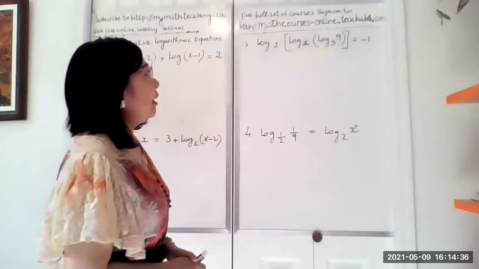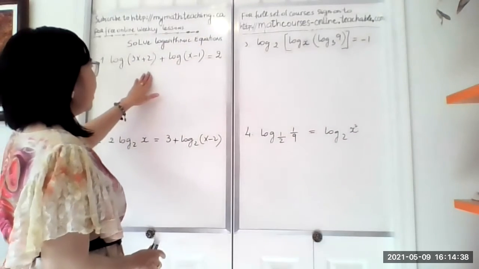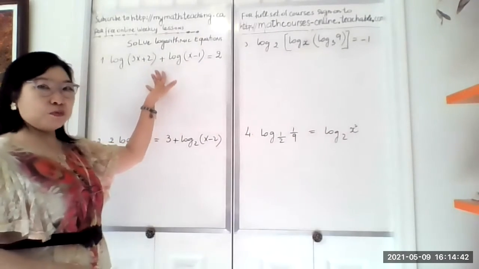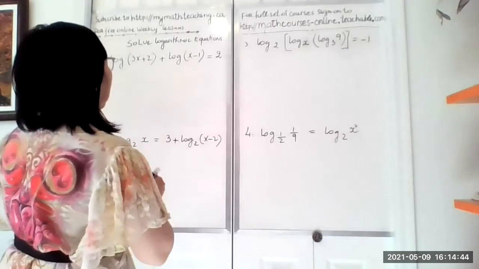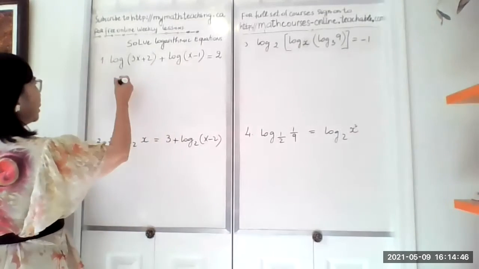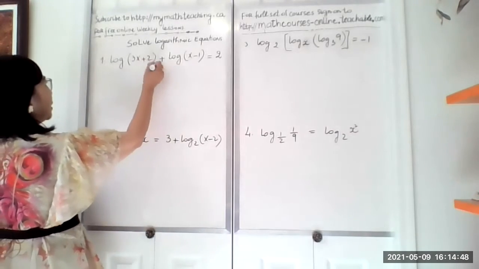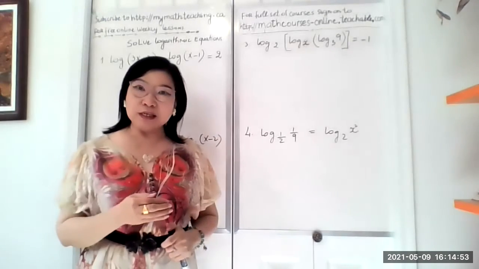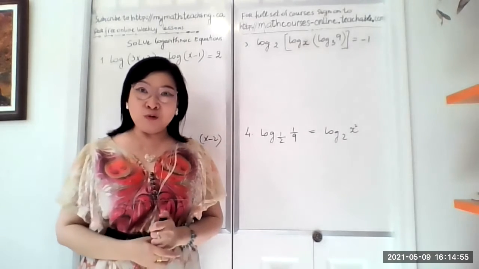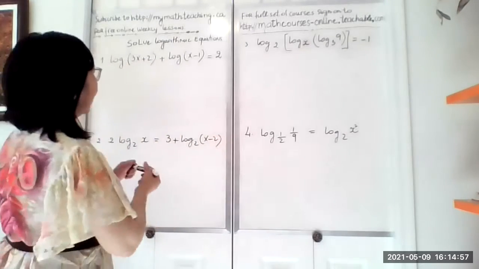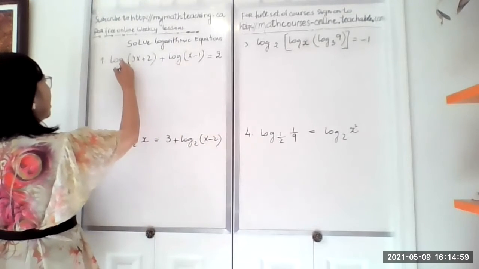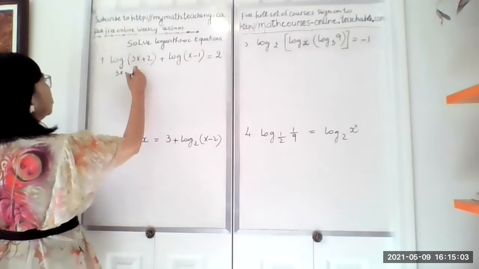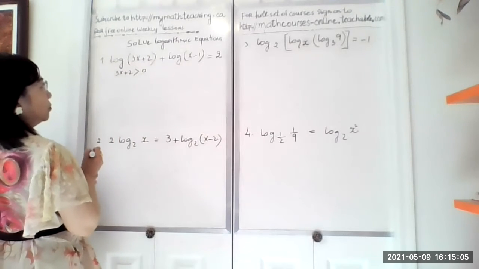So for the first one, if we want to solve the equation, make sure we restrict the value of x, because it is easy to restrict. The reason we have to restrict is to make sure the equation is valid for us to solve. To have the log valid, 3x plus 2 has to be bigger than 0.